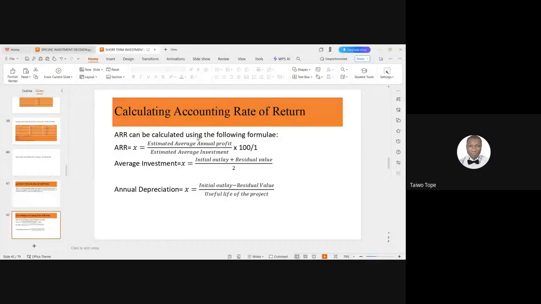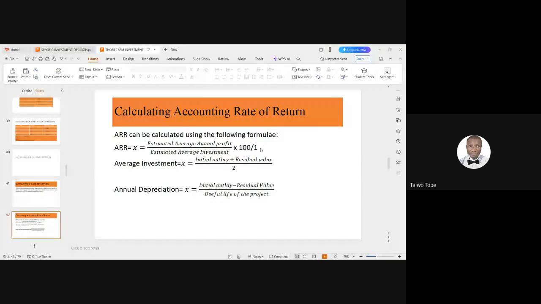Still talking about the accounting rate of return, I said we can use various forms of formulas to compute that, as you can see on the screen.